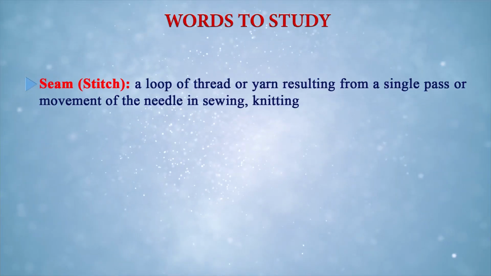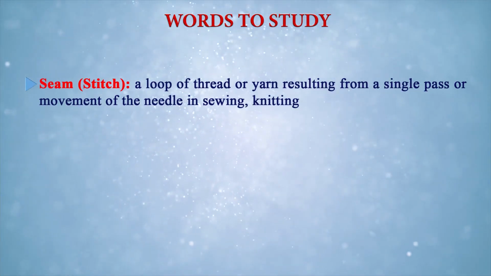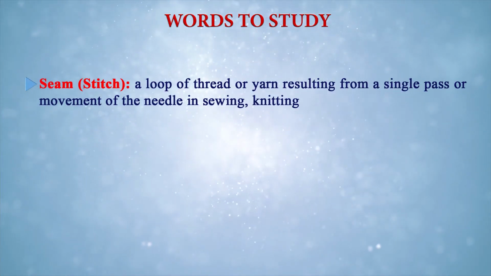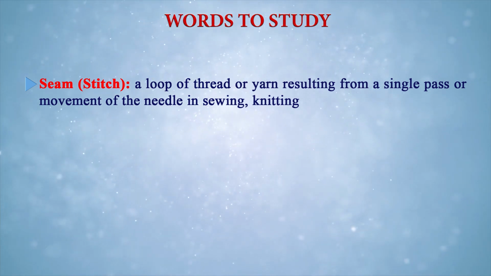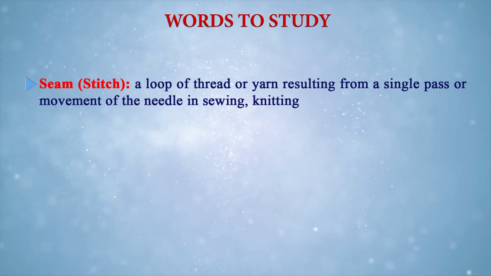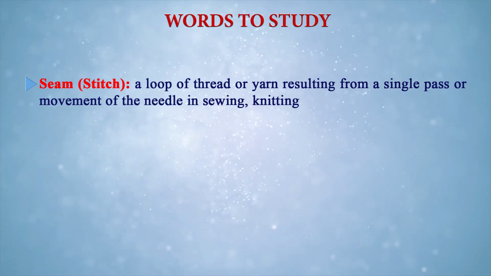Then there are words we should know while stitching. There are two terms we generally hear: seam and stitch. A stitch is a loop of thread or yarn resulting from a single pass or movement of the thread and needle in sewing or knitting.